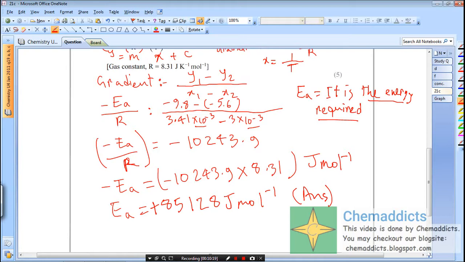Since the value is positive, this is an endothermic reaction, and in an endothermic reaction the energy is taken in. That is why the value should be positive. If the value is not positive, then the answer is wrong. By the definition, we are assured that the value should be positive.